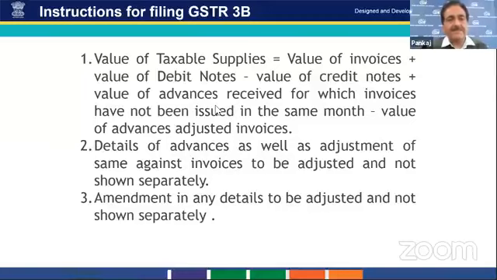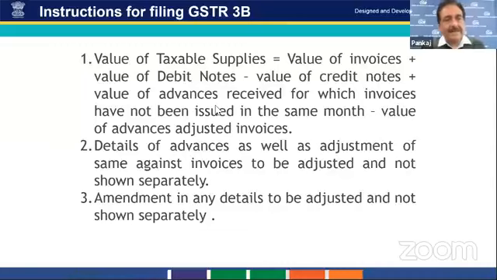But in respect of advances in respect of which the invoices have been issued and supply has been made, these are to be deducted while computing the value of taxable supplies. Likewise, if there are details of advances as well as adjustment of the same against invoices, it should not be shown separately.